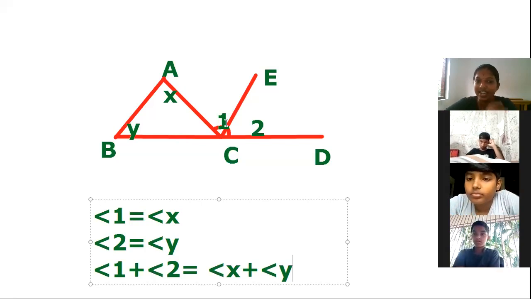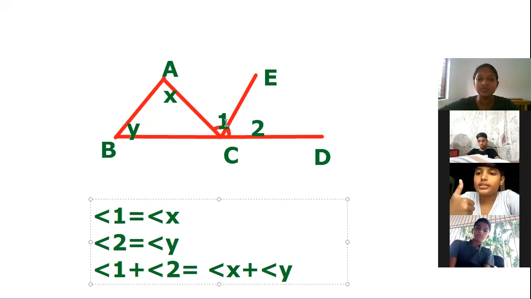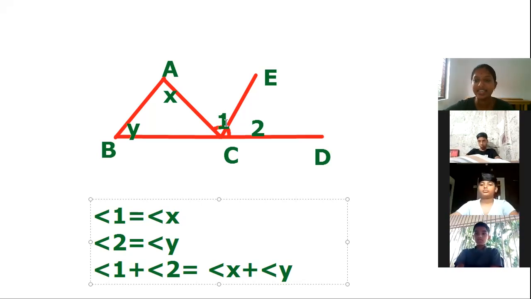Angle X and Y are the interior angles at A and B, but angle 1 plus angle 2 means the exterior angle at C. And they are equal. So using this, we can say the property: an exterior angle of a triangle is equal to the sum of its interior opposite angles.